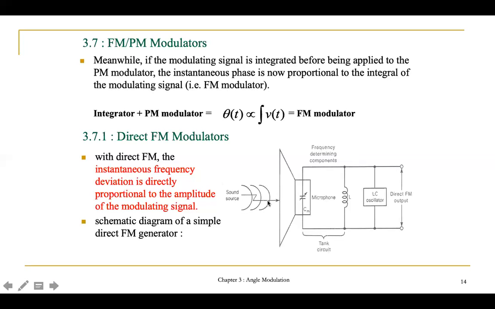This is your sound source, your input signal, and then you have a microphone with an embedded capacitor, CM, and then you have an inductor, and an oscillator, and your output is here. The combination of the capacitor and the inductor we call a tank circuit, and it acts as the frequency determining component.